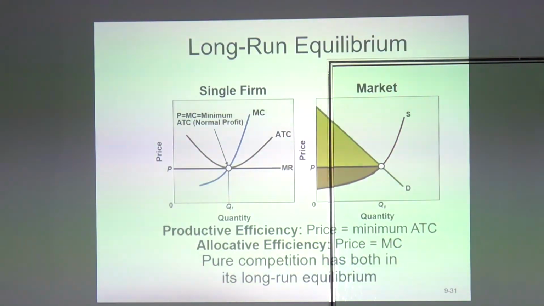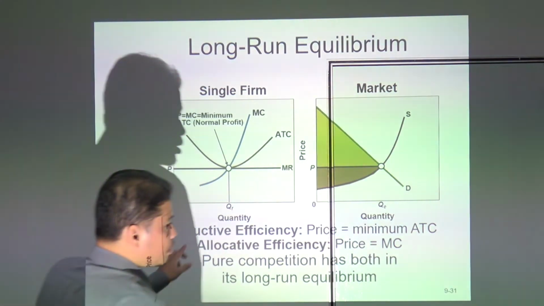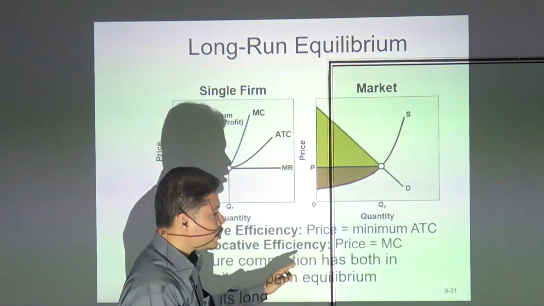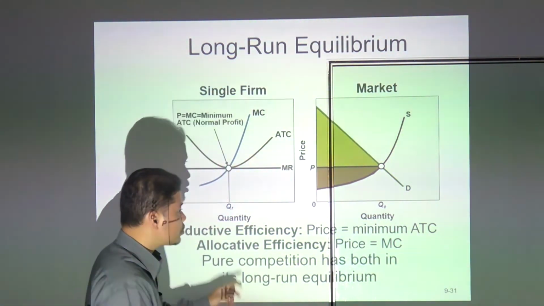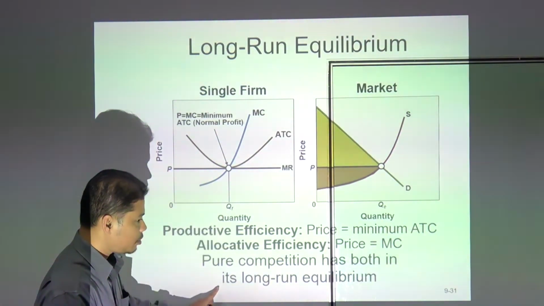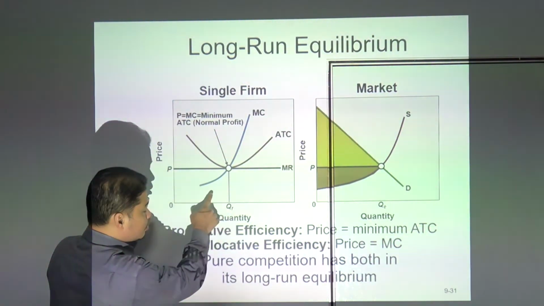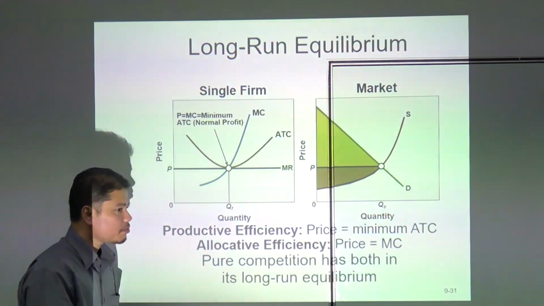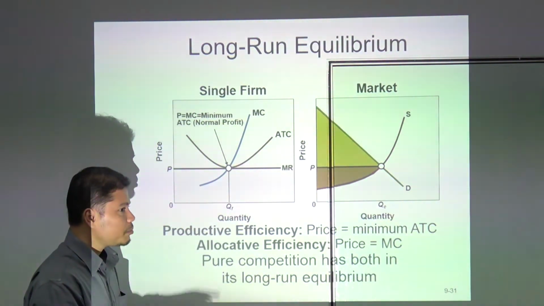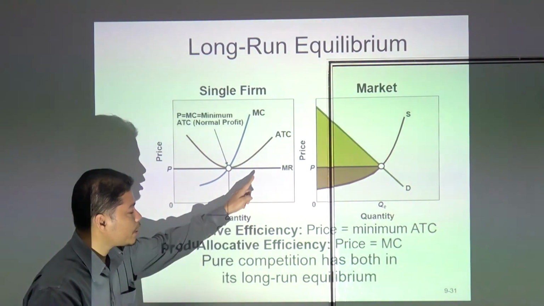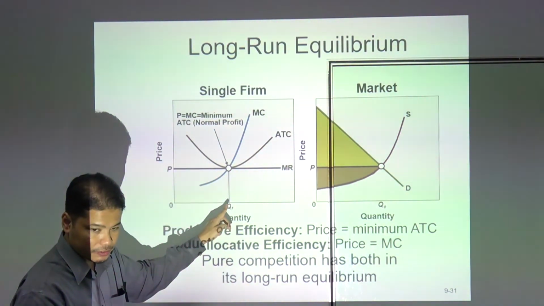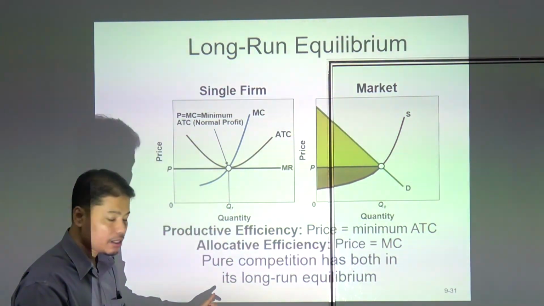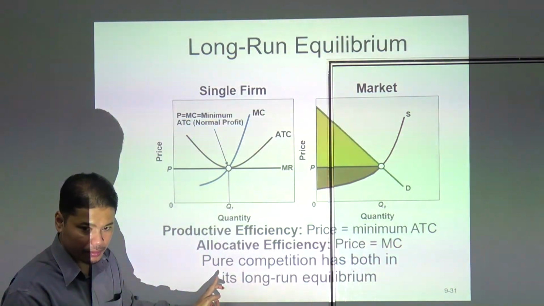Slide 31. Long-run equilibrium of a single firm in perfect competition. Productive efficiency. So P is not only equal to ATC, but P is equal to minimum ATC. In other words, number one, the firm is producing at the lowest point of the average total cost curve, which represents productive efficiency.